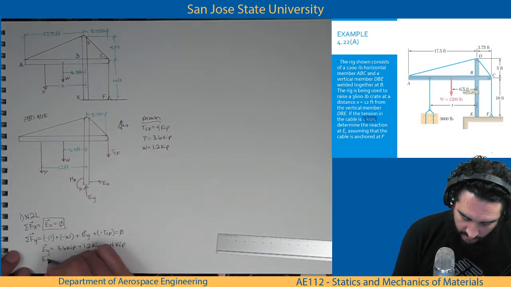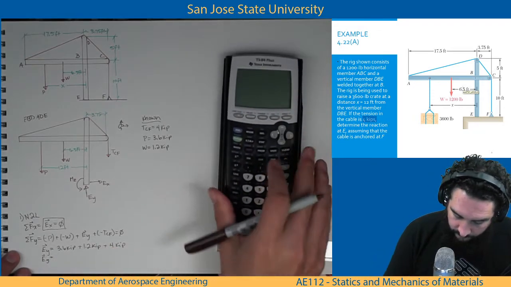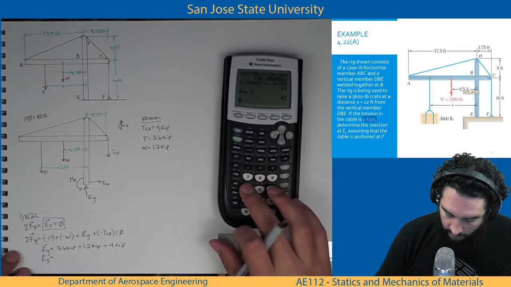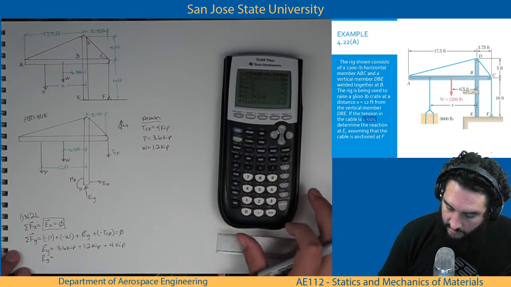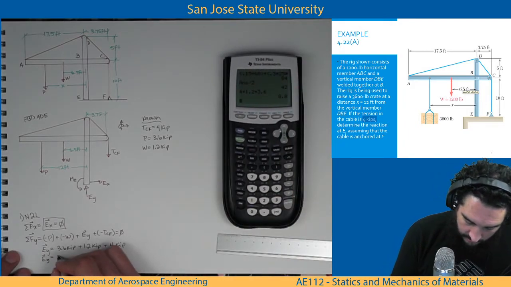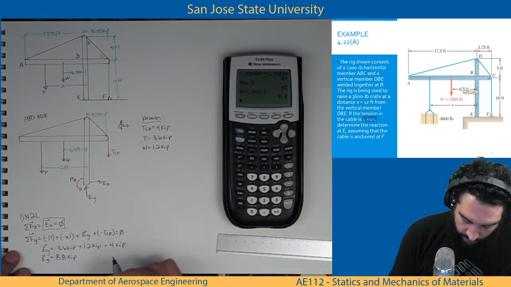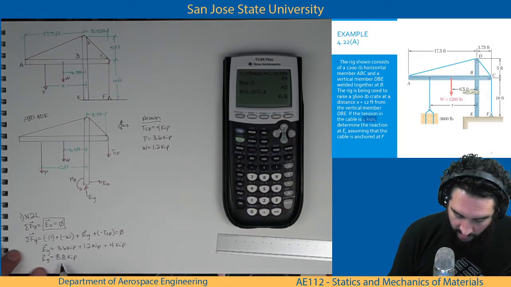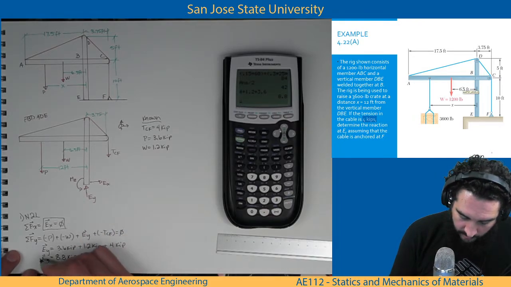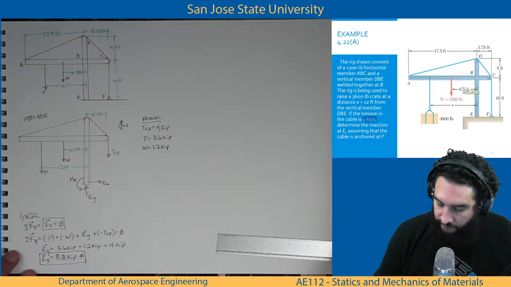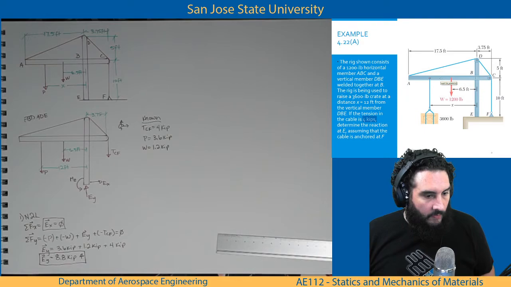And so EY will equal 4 plus 1.2 plus 3.6, which is 8.8. EY came out positive, which means this is the correct direction: upward. Any questions on this?